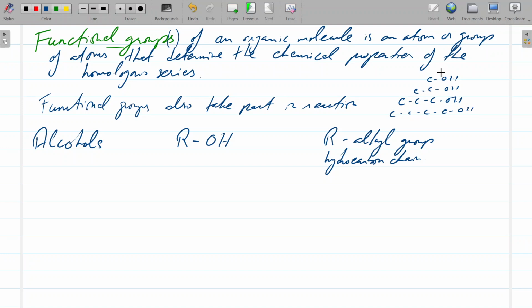In any of these cases, this part, when you're not talking about any specific alcohol, is an R, which means the chain of carbons before the functional group. Does that make sense? Yes.